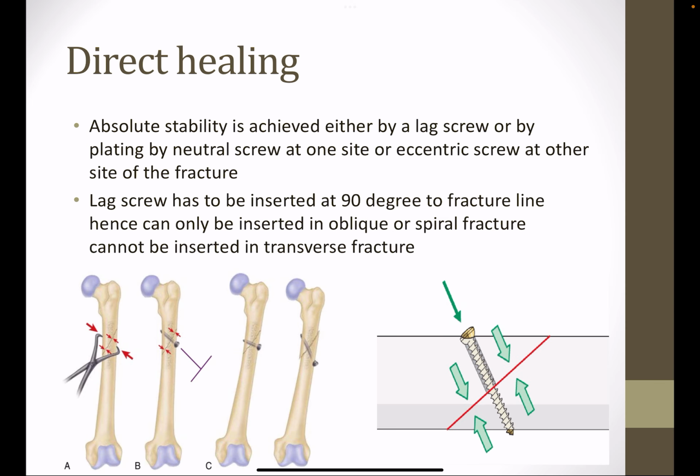Absolute fracture stability can be achieved either by a leg screw or by plating, or by plating with a neutral screw at one side and an eccentric screw at the other side of the fracture. These topics will be dealt with in detail when we talk about fixation.